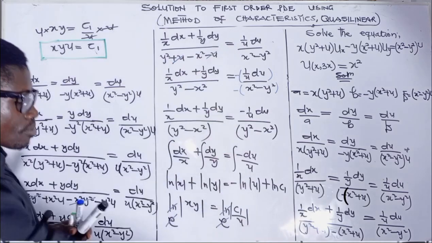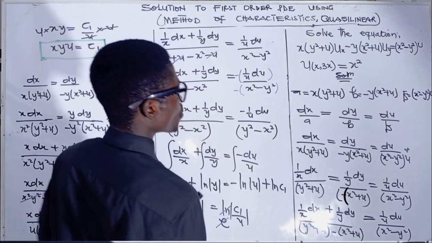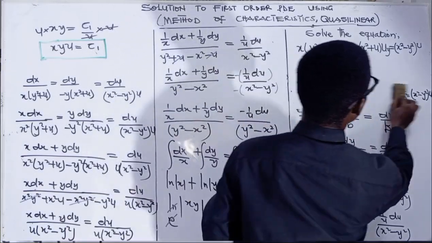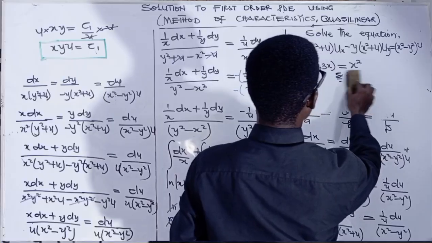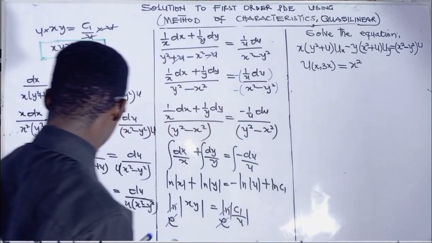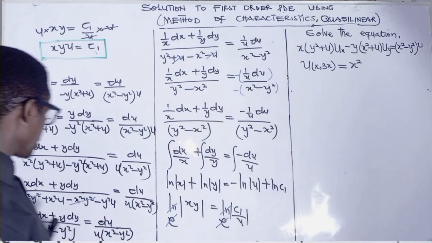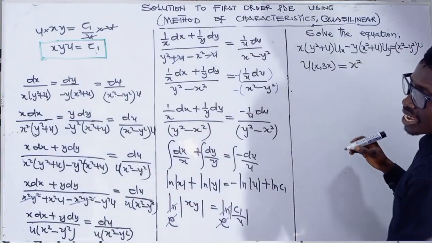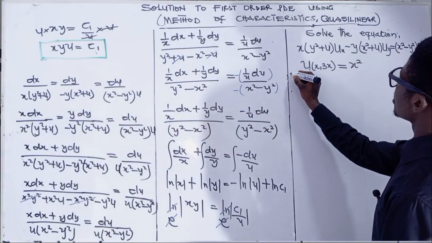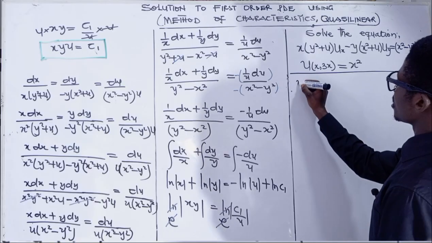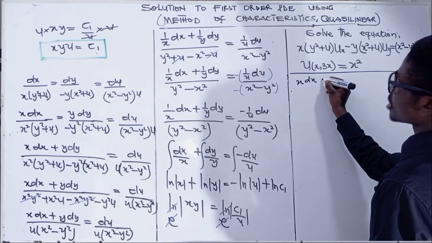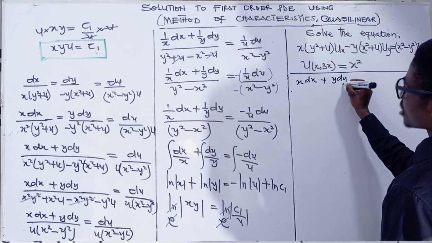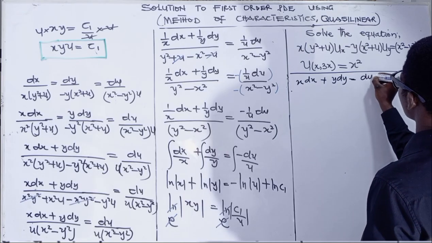So let's continue from here. Very, very lengthy question like that. So when we equate their numerators, we are going to have x dx plus y dy is equal to what? du.